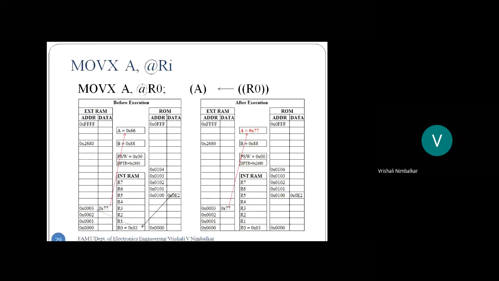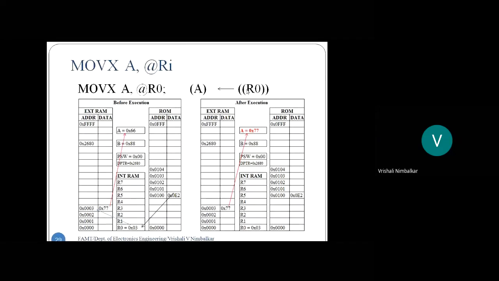@R0 is an 8-bit pointer, and how is it accessing a 16-bit address memory? Okay, I'll repeat. See here, I am writing MOVX A comma @R0. How is the data transferred? The data pointed to by R0 is transferred to the accumulator. Right?